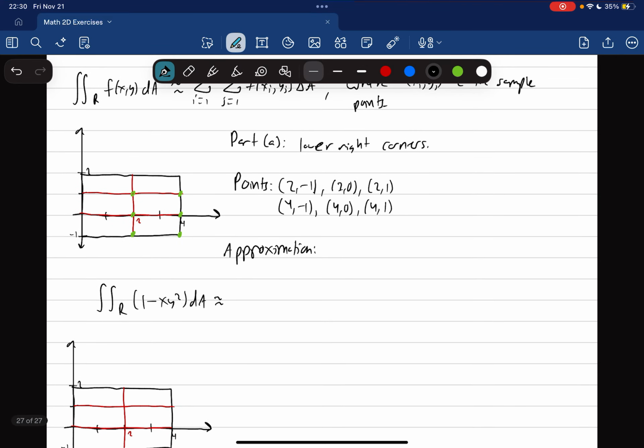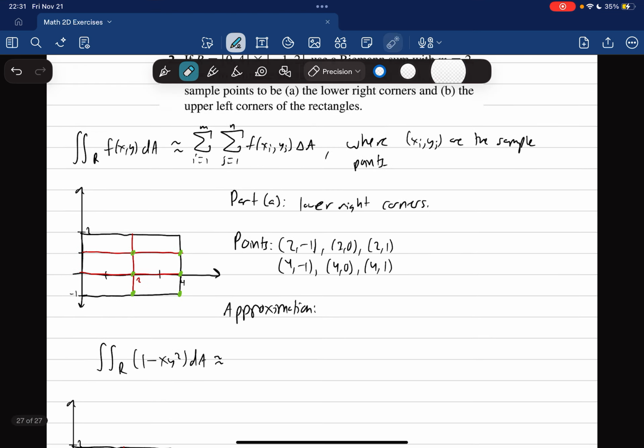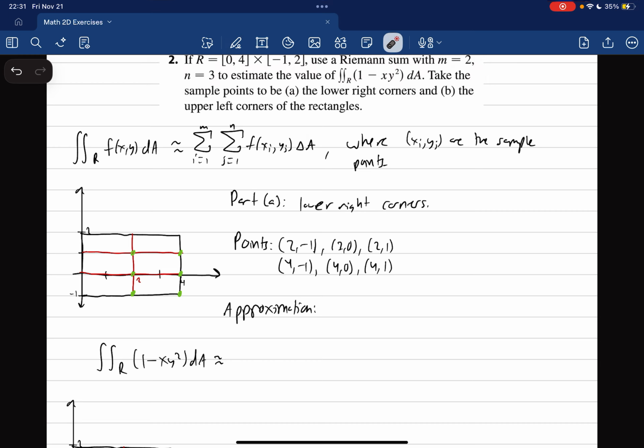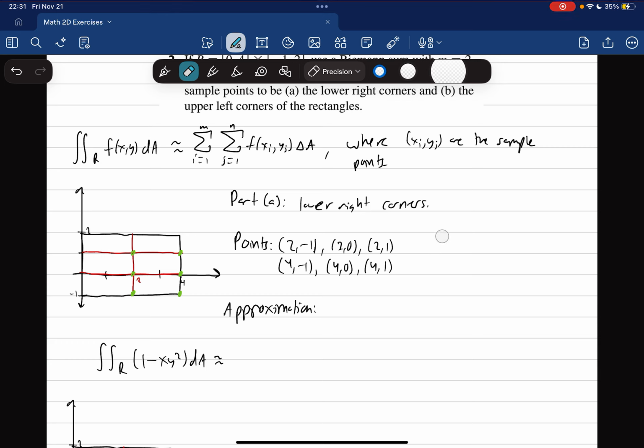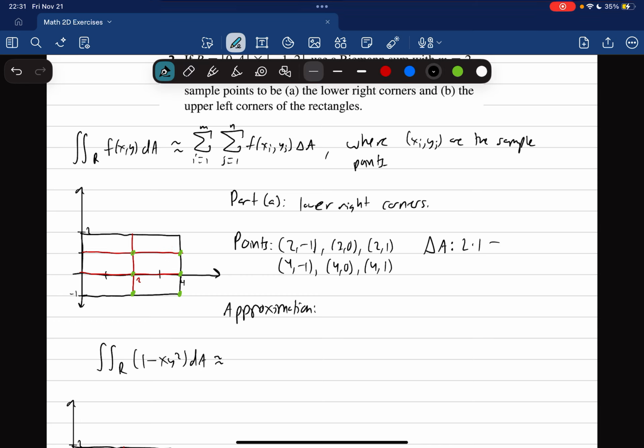Actually, first we need to determine what delta A is. That's the area of each of these rectangles. Because we're splitting up our domain into equal rectangles, delta A is going to be the same constant for each of these. We can see from this diagram that the area of this rectangle is 1 times 2, or 2 times 1, which is 2.